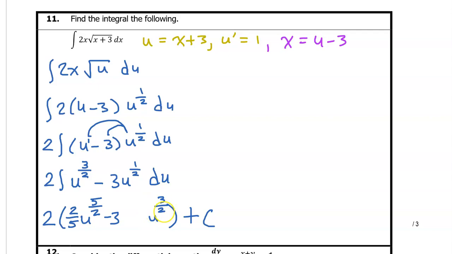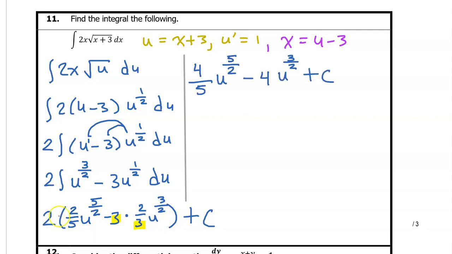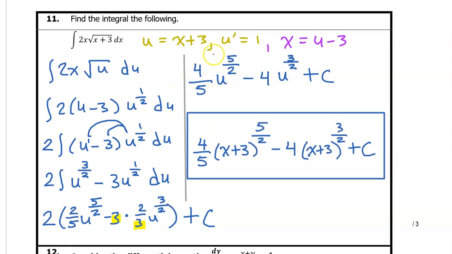Dividing by 3 over 2 is the same as multiplying by 2/3. And we notice that these 3's will cancel each other out. Distributing the 2 gives us this, and substituting x plus 3 back in for u gives us this.